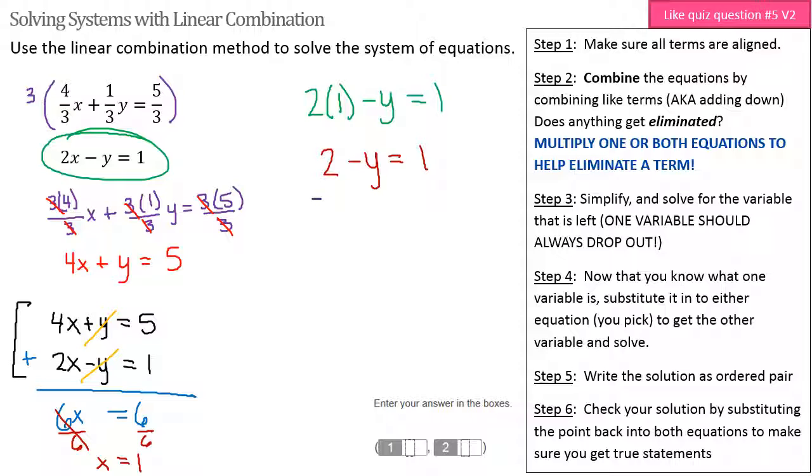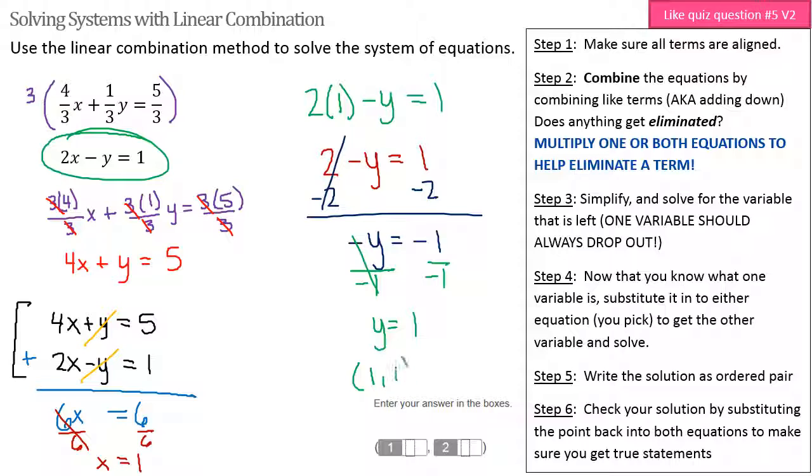We subtract 2 from both sides of the equal sign, so we have negative y is equal to negative 1. Notice y is not fully by itself just yet. There's a negative 1 multiplied by it, so we multiply or divide both sides by negative 1, and we get y is equal to positive 1. Writing that as an ordered pair, just 1 comma 1. You enter it in the boxes and you just put 1 and 1.